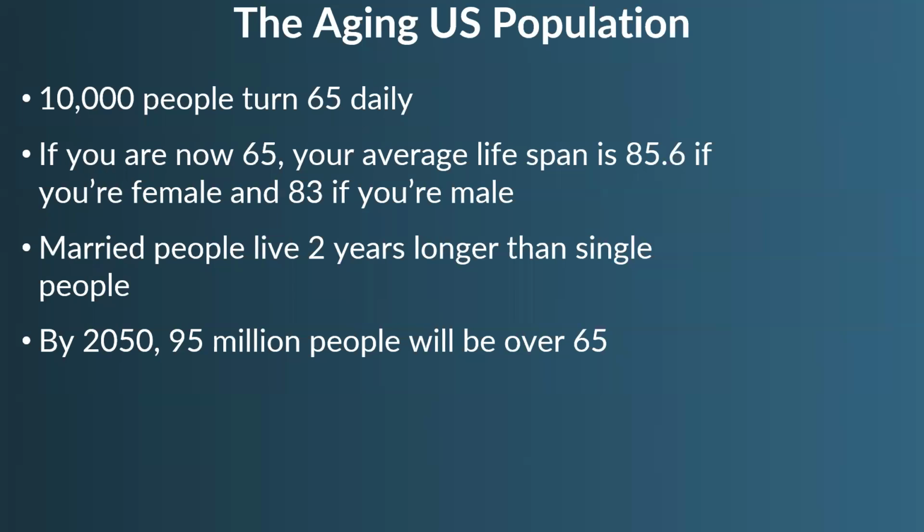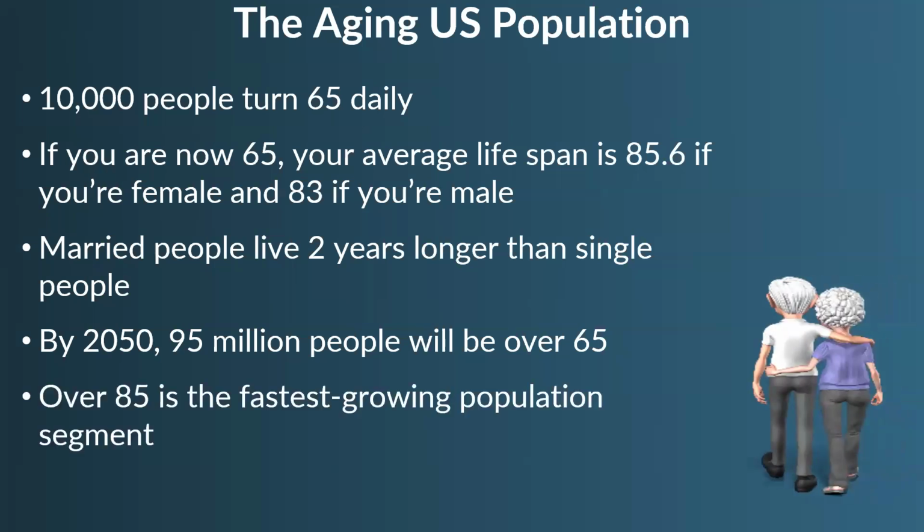And you start looking at this, by 2050, which isn't that far away anymore, 95 million people will be over the age of 65. So this is a problem that is growing now and is only going to grow faster. And over 85 is the fastest growing population segment in the US. So you start thinking about that.